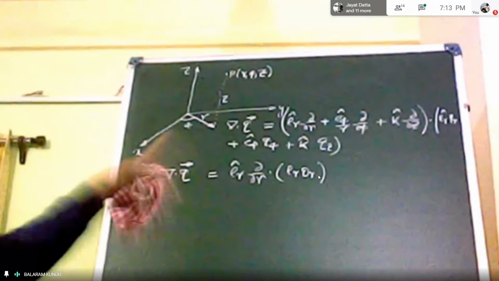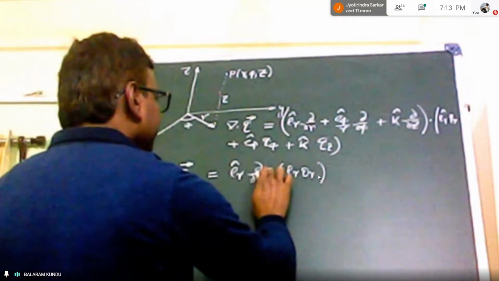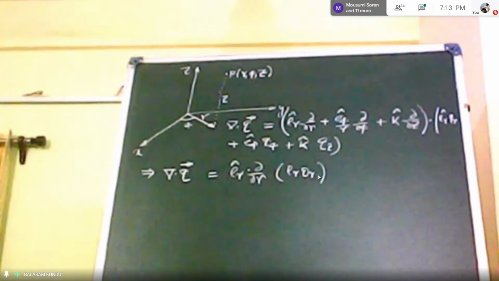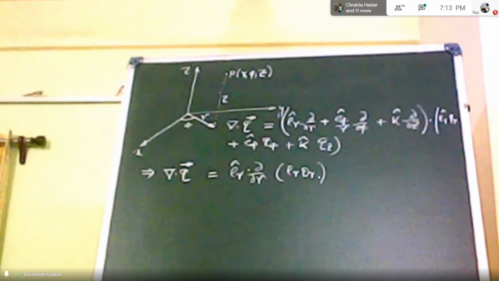So instead of this, you can write here e_r dot del by del r of e_r q_r. I think it is okay.